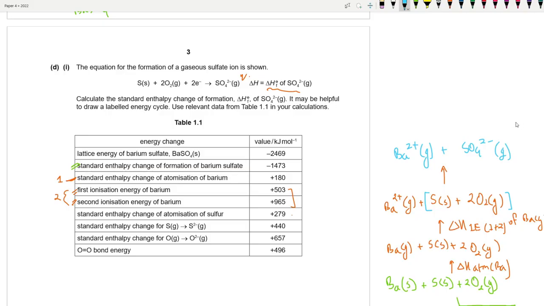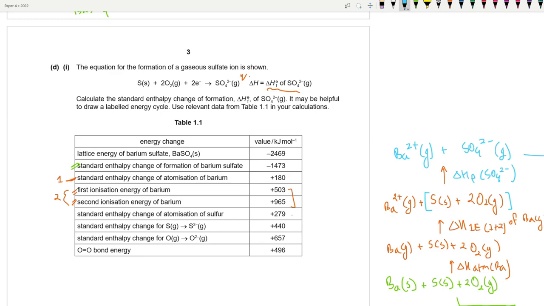Okay, so this is del HF of sulfate. That's all. And then we can go for this step, which is the del H lattice enthalpy of barium sulfate.